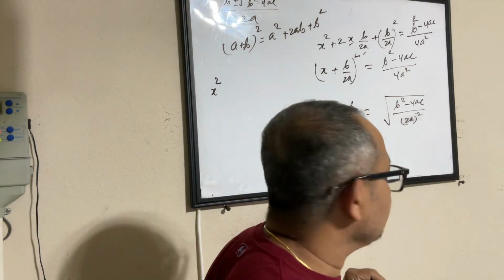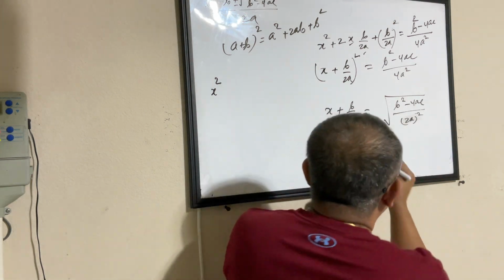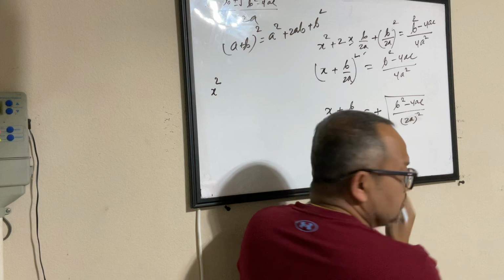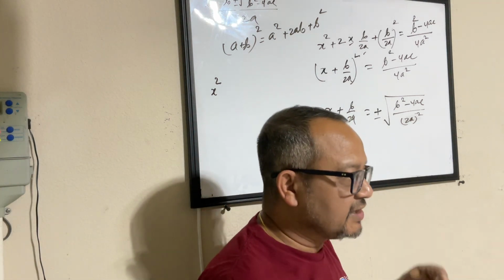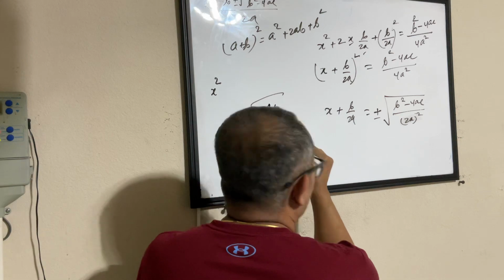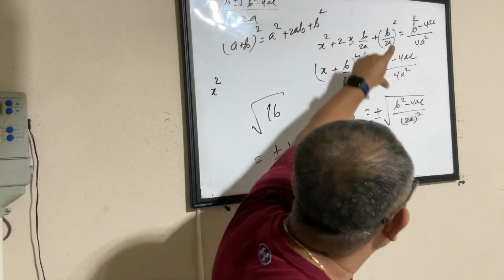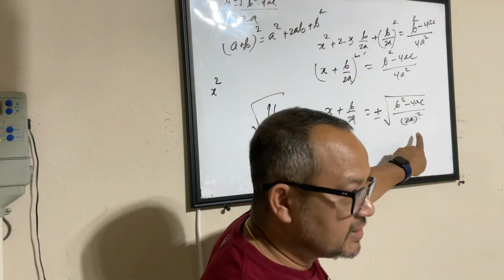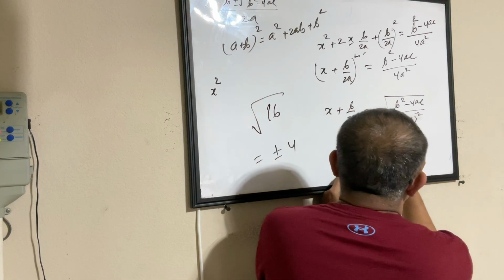Yeah. So when I do a square root of this one, whenever you do a square root, you get a plus and minus both the values, right? Square root of 16 gives you plus and minus 4, right? Same way, square root of this gives you plus and minus of this thing.